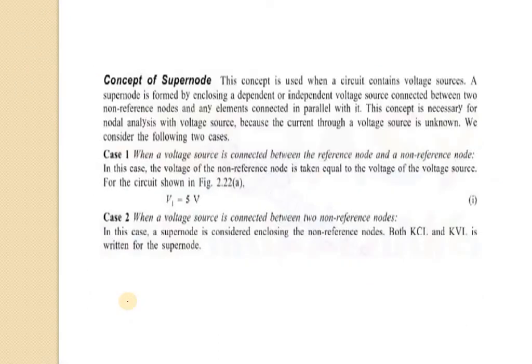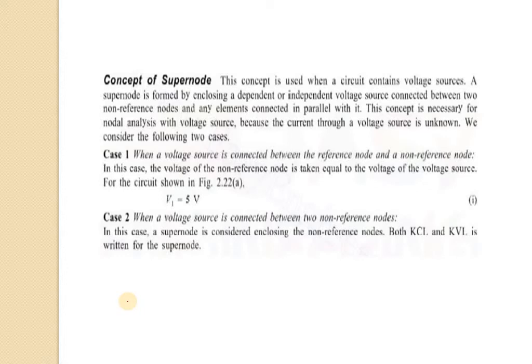Next is the concept of supernode. This concept is used when a circuit contains a voltage source. A supernode is formed by enclosing a dependent or independent voltage source connected between two non-reference nodes, and any elements connected in parallel with it.